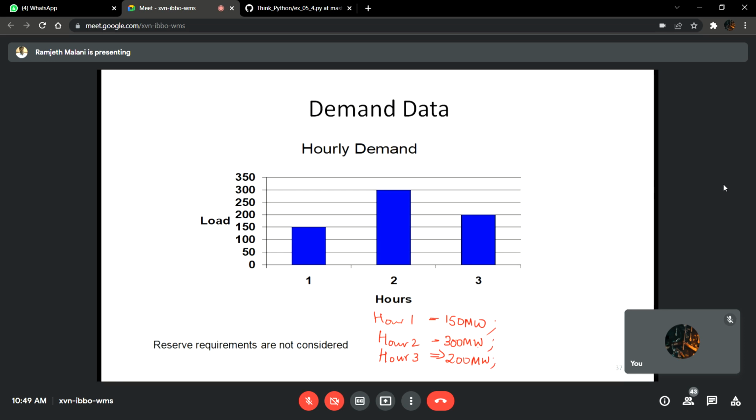Let's not consider the reserve requirements now. Now we have to supply the demand considering the uptime and downtime constraints, Pmax and Pmin constraints, by having minimum operational cost.